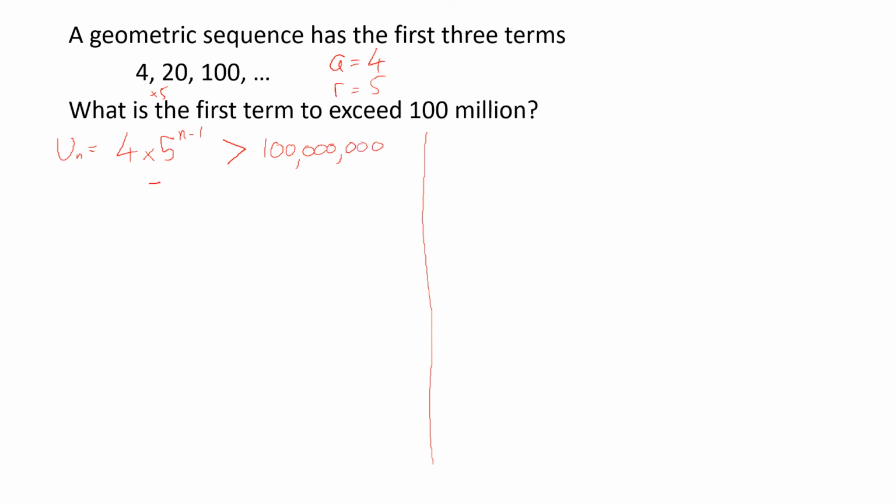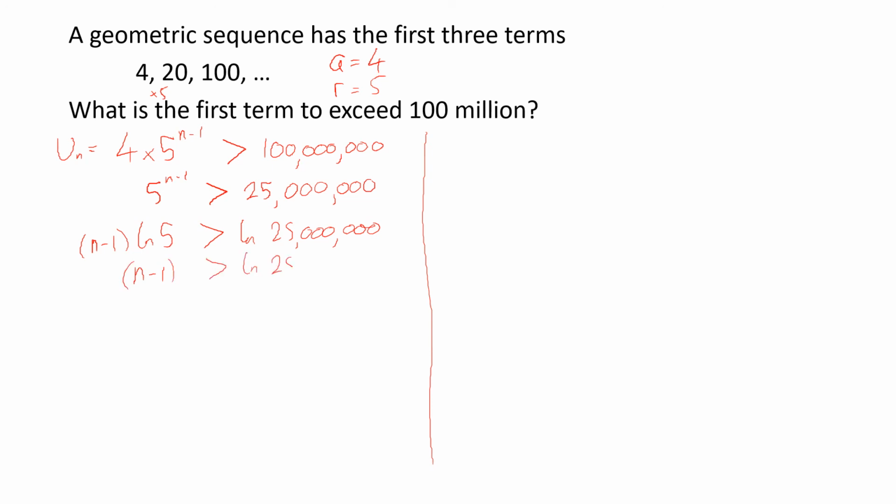Now we'd first divide by 4, which would get us down to this being bigger than 25 million. And then you could do a logarithms approach. So we could take logs of both sides, and then we could also use the power to bring the n-1 to the front. So we could say (n-1) ln5 is equal to ln of 25 million. We could then divide across by that ln5.